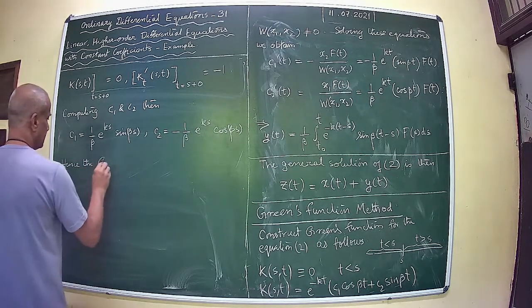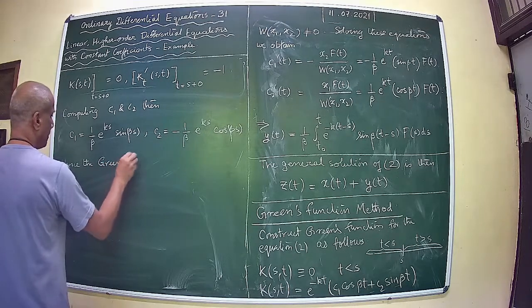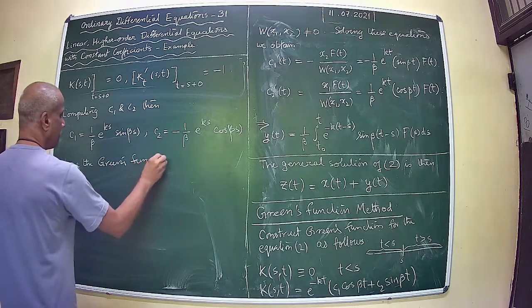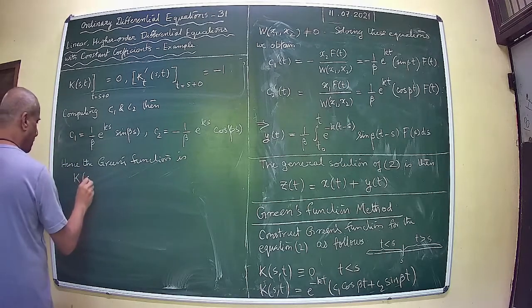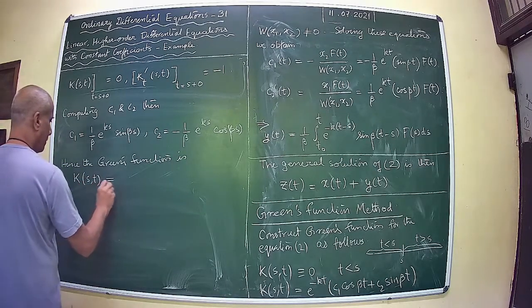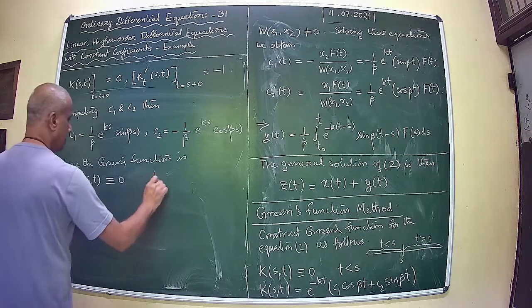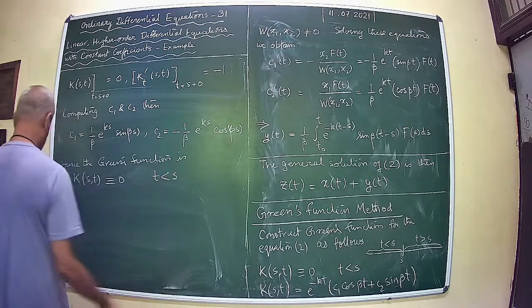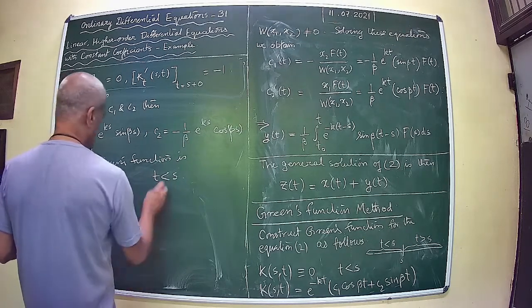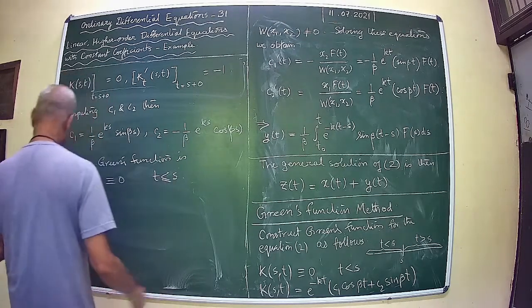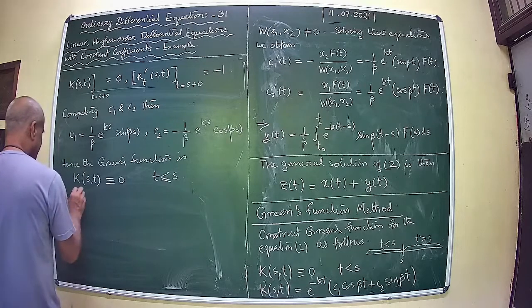the Green's function, which is even equal to 0, because that is what it turns out to be.